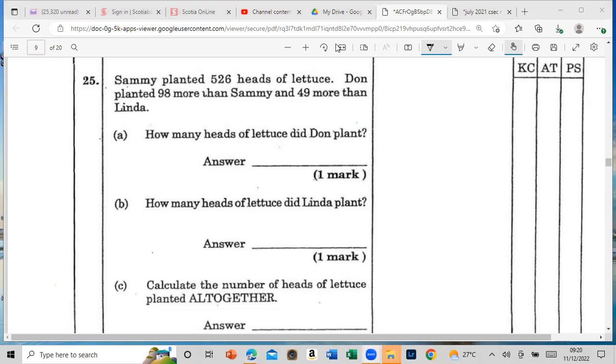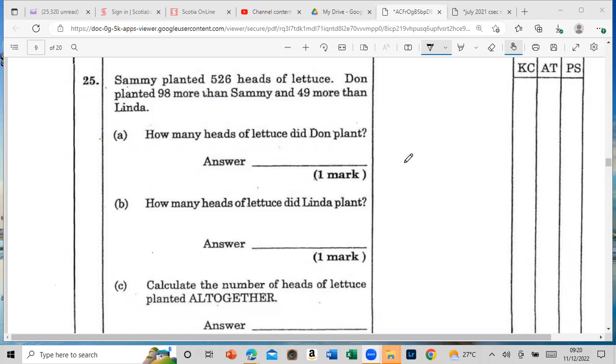Oh, Leroy gave an answer. Hold on, Leroy. Leroy, that's for the first one. For A, right? Yes, sir. Okay. Double check it in the meantime, and then check how many heads of lettuce did Linda plant. And then you're gonna give me the reason, all right?